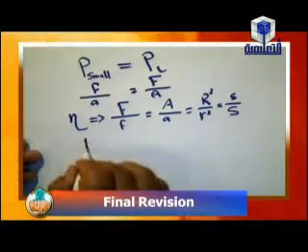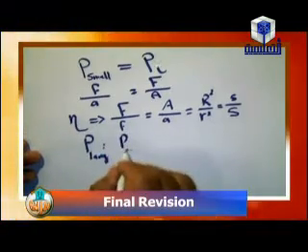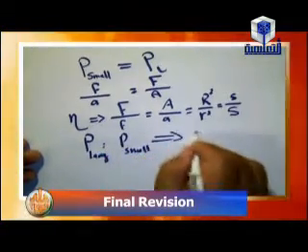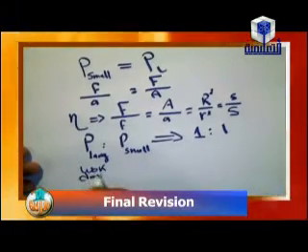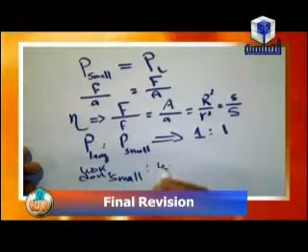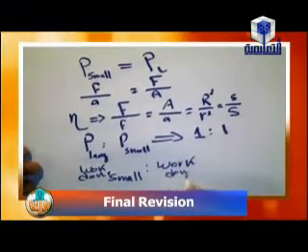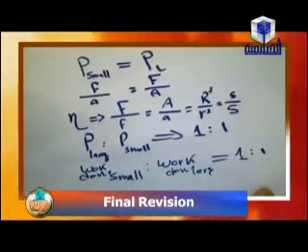The ratio of pressure on large to pressure on small is 1 to 1, and the work done on small to work done on large is also 1 to 1, because energy is neither created nor destroyed, so the energy applied on the small piston is transmitted to the large piston, so the energy does not change in the two cases.